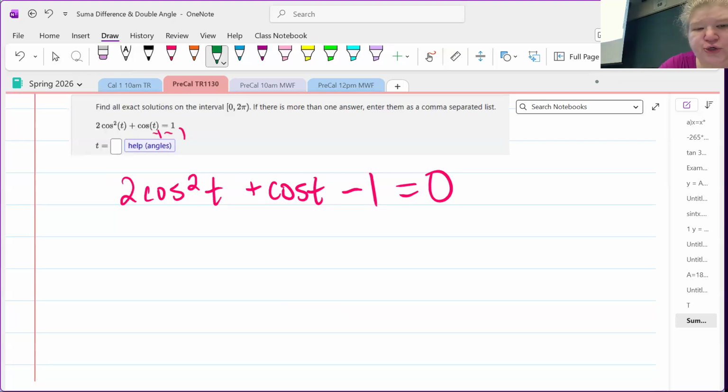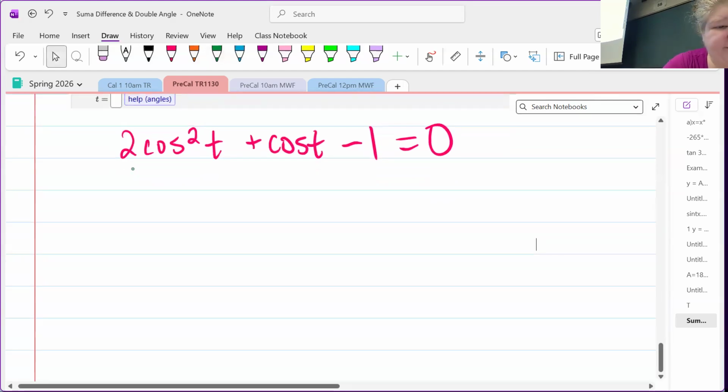So it'd be 2u squared plus u minus 1. We can also just factor it in terms of cosine t. Or if you're not comfortable factoring, you can use the quadratic formula. The end result would be u equals a number or u equals another number, and then our u is cosine t. So whichever way you are most comfortable getting from a quadratic to the results of a quadratic, that is what you do on this next step.